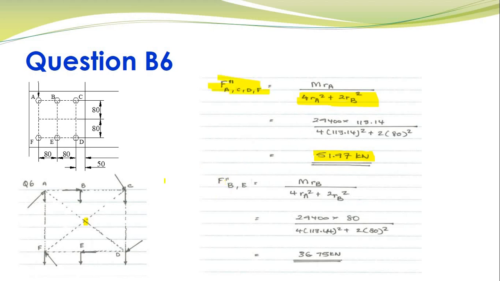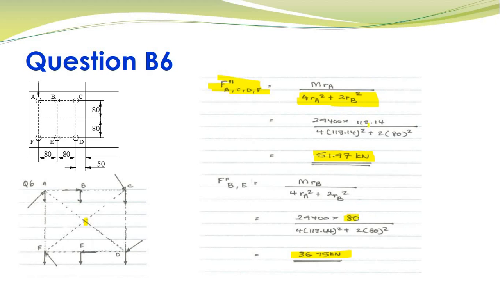And then finally, secondary shear on bolt B is the same as secondary shear on bolt E, because the distance of bolt E and bolt B from the centroid is the same. So basically this is what I have, and then I get my secondary shear on bolts B and E as 36.75 kilonewton. You will notice that I'm using the units here in mm, right?